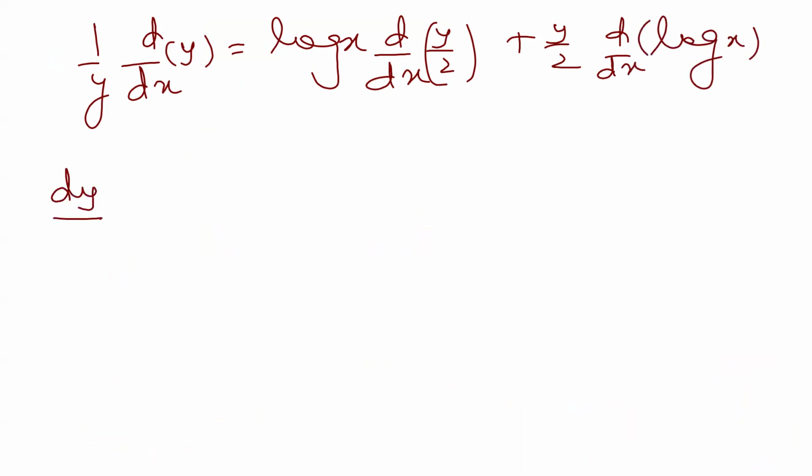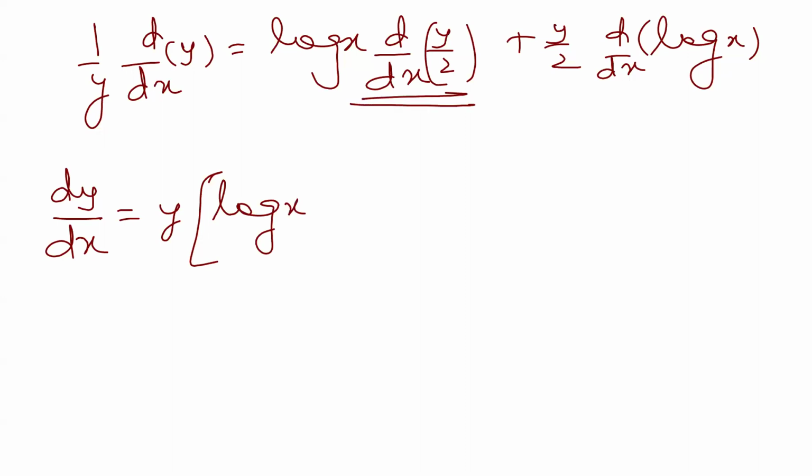Shift y on the other side. dy by dx is equal to y log x d by dx of y upon 2. So that half will go outside and we'll have d by dx of y. And d by dx of log x is 1 upon x.